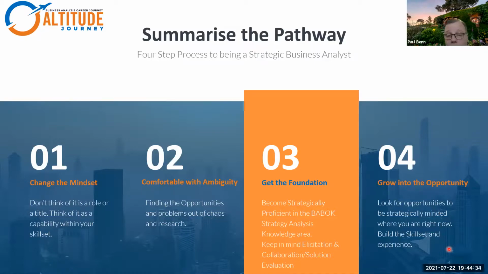And to build experience for you to use if you want to apply for a more strategic role, like strategic consultant or portfolio strategic analyst, as we talked about earlier.